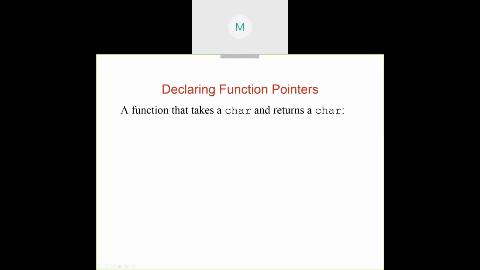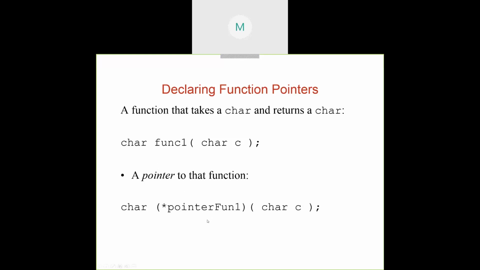So the function takes a char and returns a char. We can declare a function like this. This function1 takes a char value and then returns a char value. Now, how can we declare a pointer to this function? The rule of declaring a function pointer is you have to mention at first the return type. So the return type is char. And then the name of the function using the pointer sign, and you have to give this parenthesis.